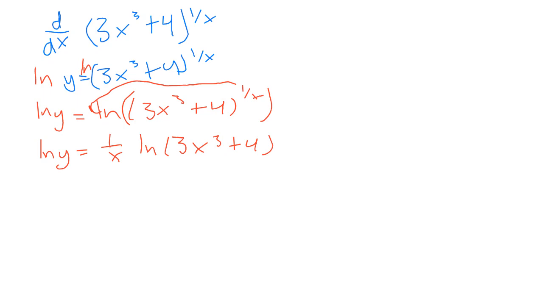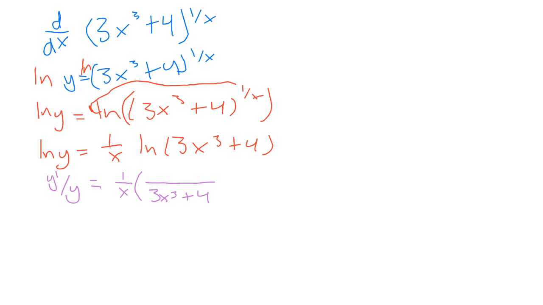So that brings us to step 2. Step 2, once again, was implicit differentiation with respect to x. If we take natural log of y, we're going to get y prime over y is equal. On this side, we have product rule, so we have 1 over x times the derivative with the chain rule, which is the original function in the denominator, so 3x cubed plus 4, times the derivative on the numerator.